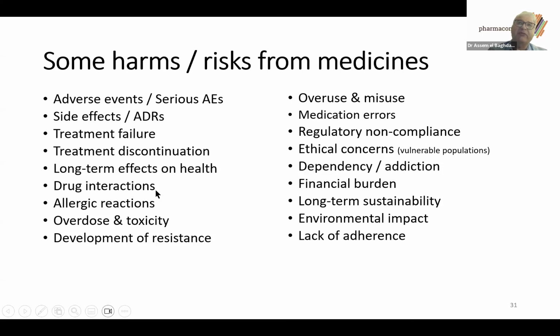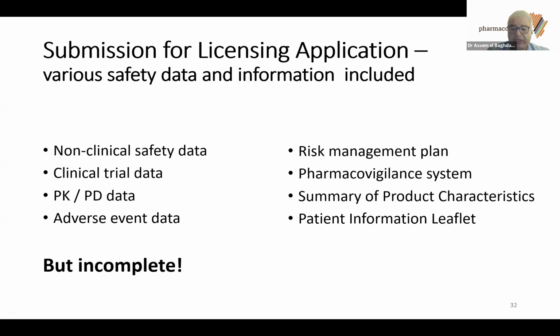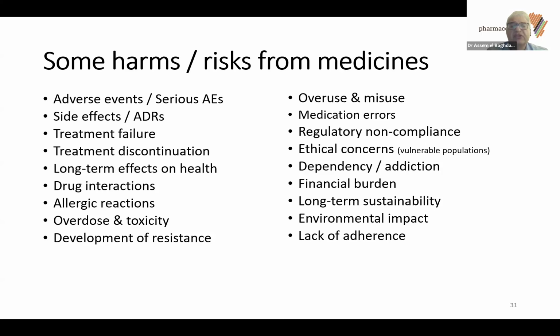So if you have a young population and an old population, you could have two different benefit risk assessments for two different populations and indications. Also, something like overdose and toxicity, or resistance. So again, all of this would be different from one agency to another.